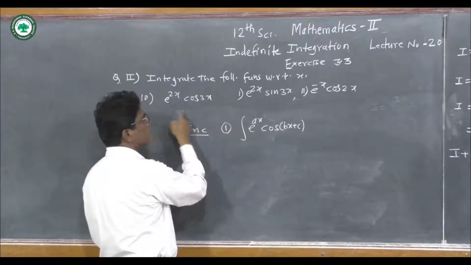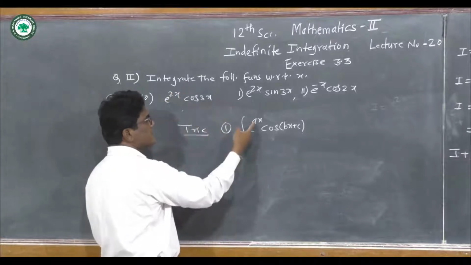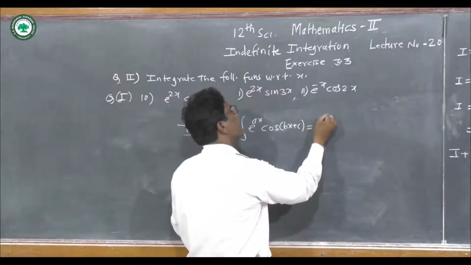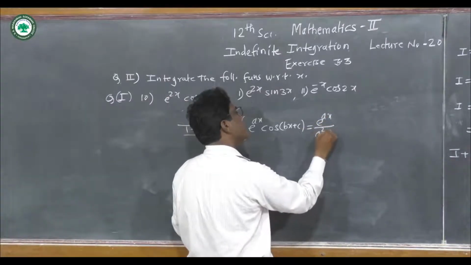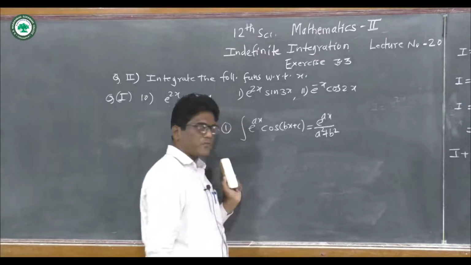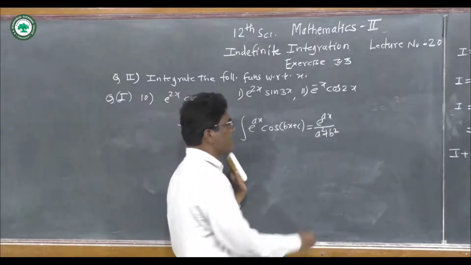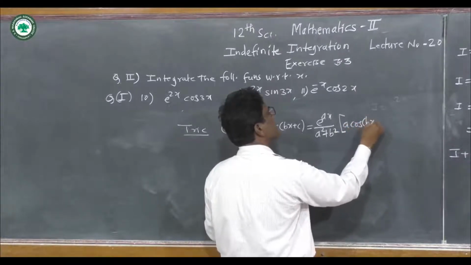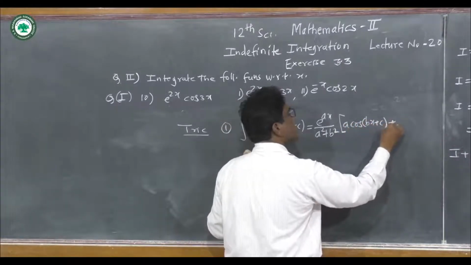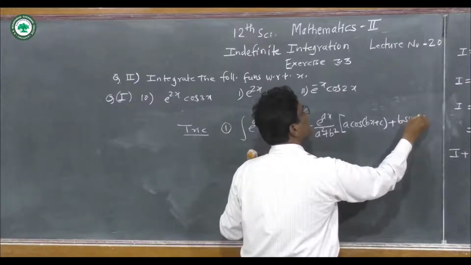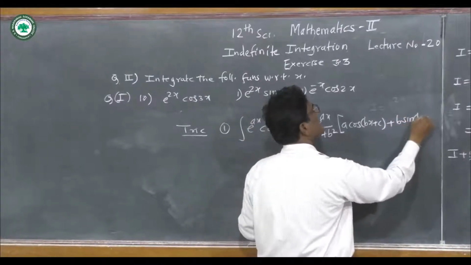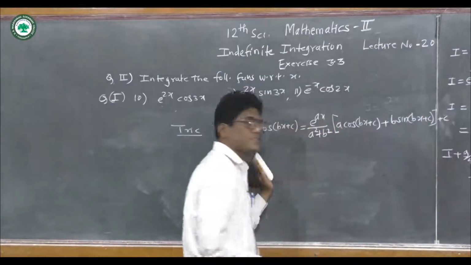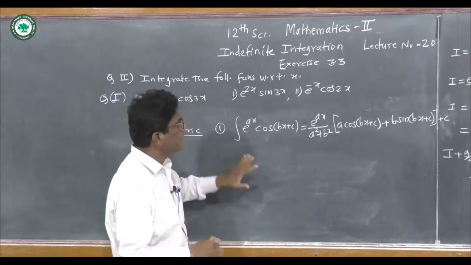In the first problem a is 2 and b is 3, and the trick is e to the power ax upon a square plus b square, in the bracket a into cos of (bx plus c) plus b into sine of (bx plus c), plus constant of integration. This is the trick to solve this problem directly.